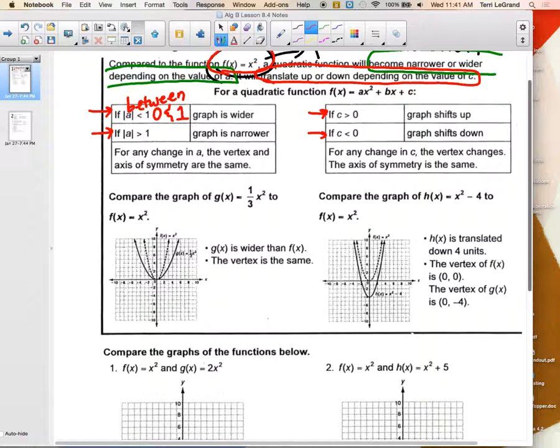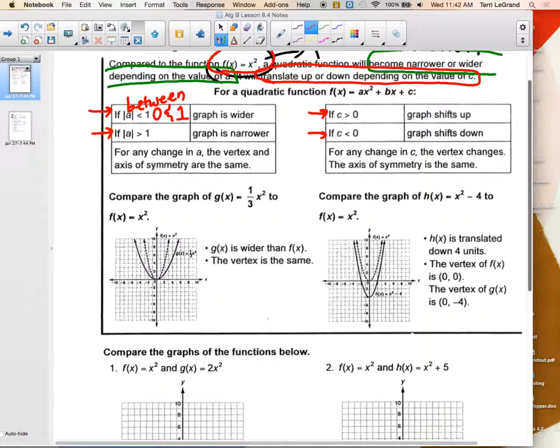The vertex moves down. Okay, so what is the C value back up there in our parent function, f of x equals x squared? 0. So if we have a C value that is not 0, and it's positive, that means the vertex moved up.